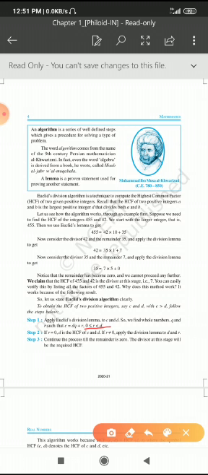Now, second step. If the remainder is equal to 0, that is, if you divide any dividend by the divisor and the remainder becomes 0, then that divisor d is the HCF of c and d. If the remainder is not equal to 0, apply the division lemma for d and r again. If in that case the remainder is 0, that divisor will be the HCF of the given two numbers.